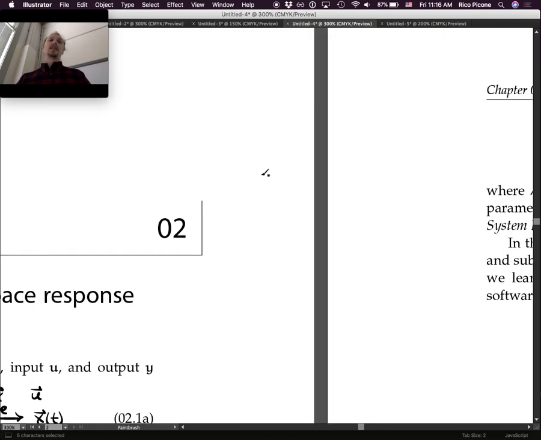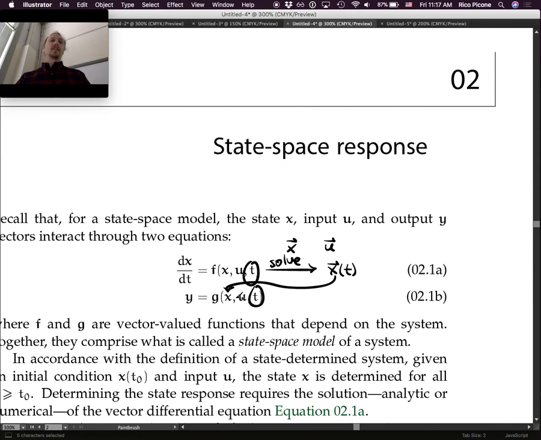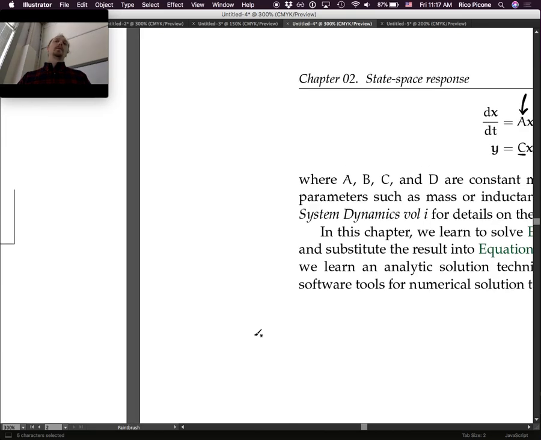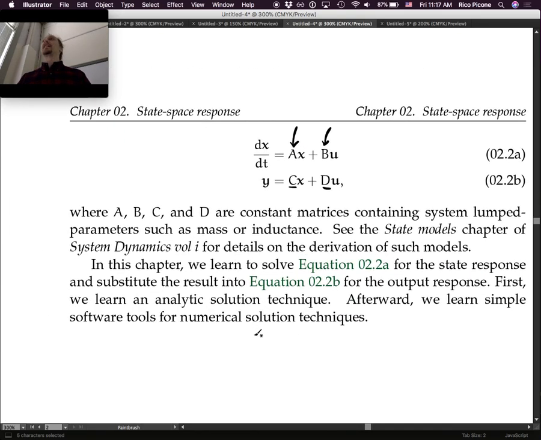We can't write a nonlinear system, like in general this is, in matrix form. But when we say it's linear, we can. We can write these as a matrix times the states, a matrix times the input, another matrix times the state, and another matrix times the input. Okay.